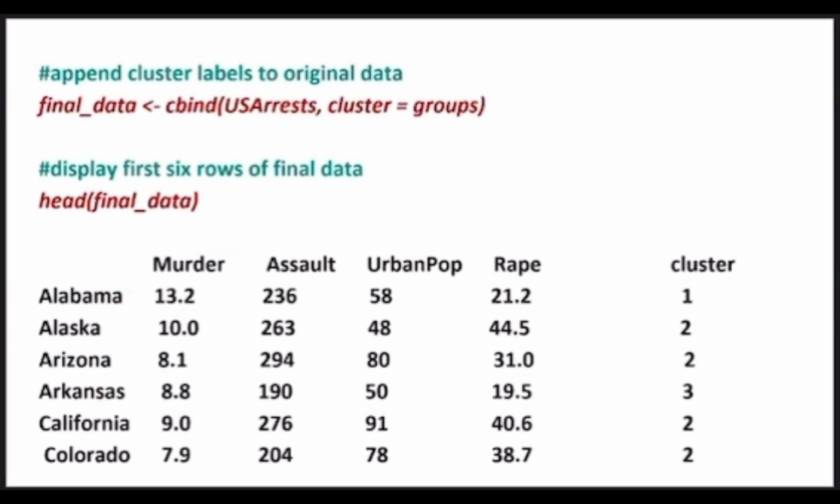This result is very close, more or less the same, when you compare it with K-medoids and K-means. So in the assignment that I'm going to release today, I'm going to give you a data set and ask you to compare K-means, K-medoids, and hierarchical clustering.